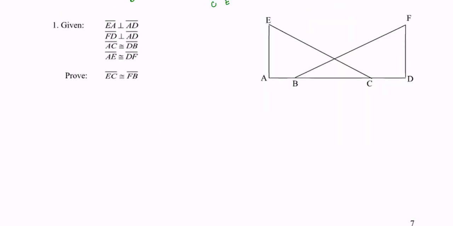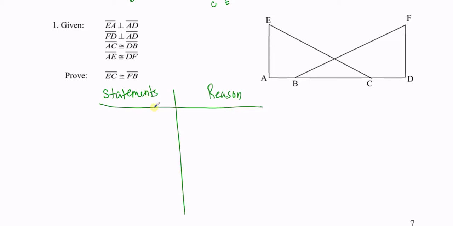This will be our first formal proof that we complete entirely. For any proof, we always start off by creating a two-column T-chart. On the left column, we're going to fill in statements up on the top, and on the right column, reasons.